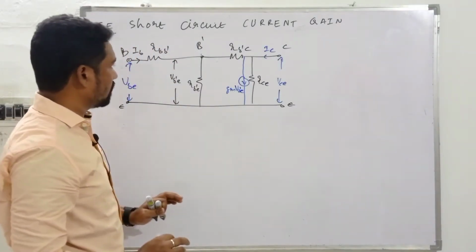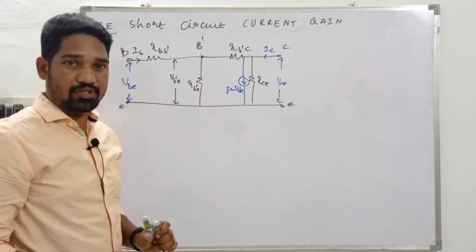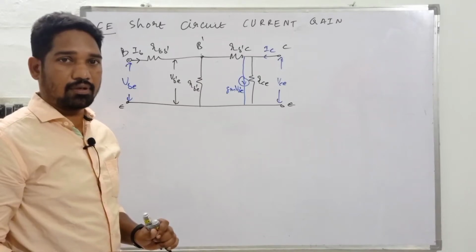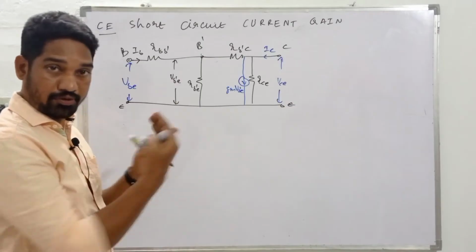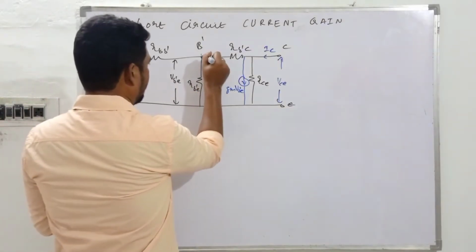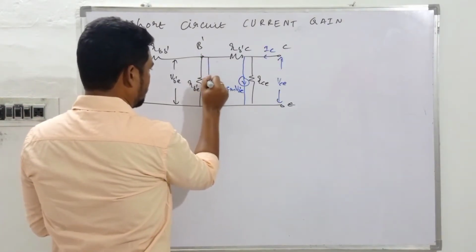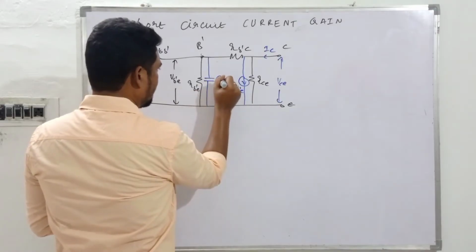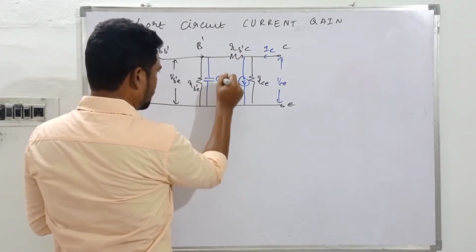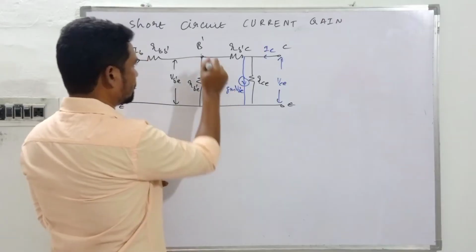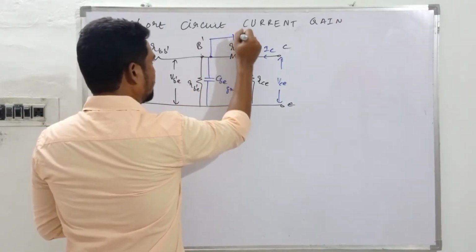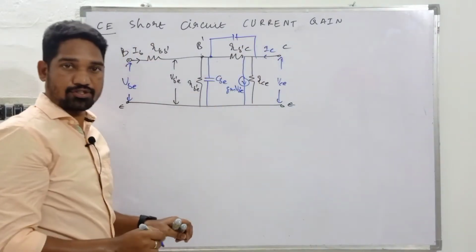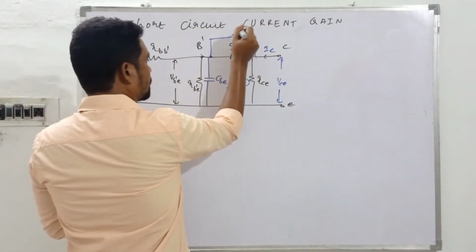And not only this, because of the forward bias and reverse bias junctions, we have capacitive effects in the transistor, which have to be reflected over here. We have a capacitance denoted as C B dash E between B dash and emitter, and another capacitive effect between the virtual base B dash and the collector, the reverse bias junction.